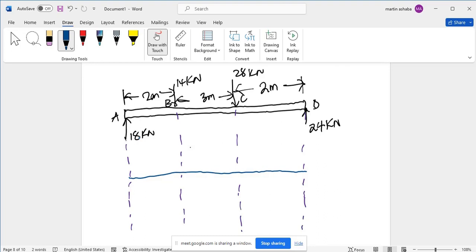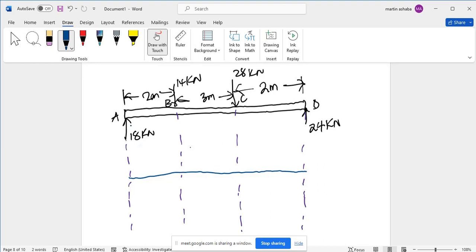So if I'm drawing the shear force diagram, I come here to the free body diagram. The shear forces, we said they are just forces.